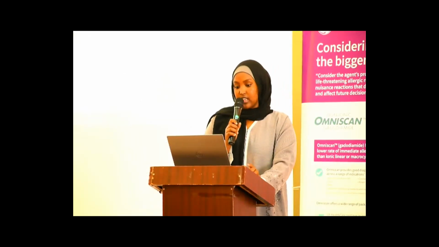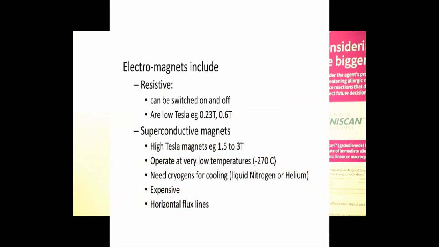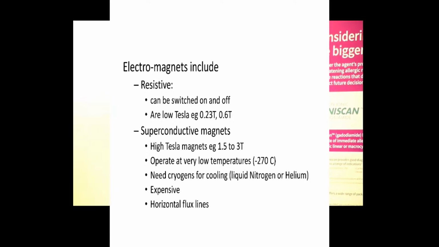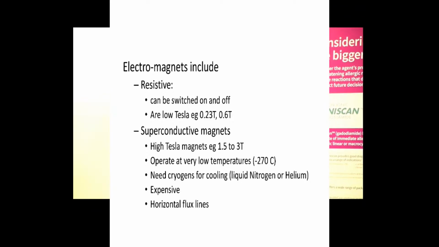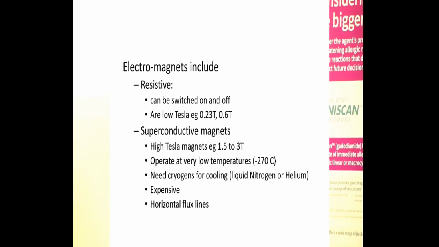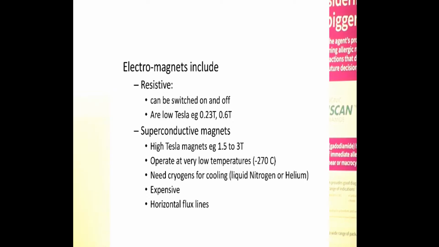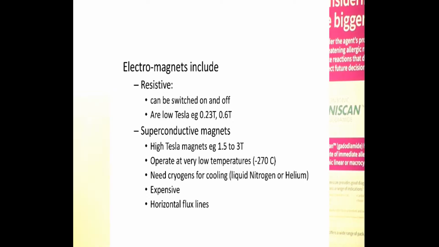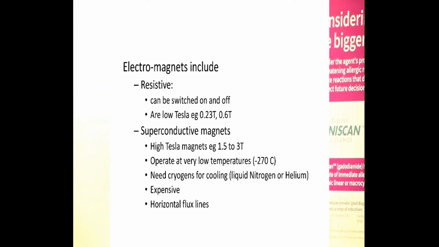Majority of these are used in the hospitals. You'll come across them in your clinical rotation, for the juniors, which are the first years. They operate at very low temperatures of negative 270 degrees Celsius, and they need cryogen for cooling, which is liquid nitrogen or helium. One of the disadvantages of superconductive magnets is that they are very expensive. Thank you.